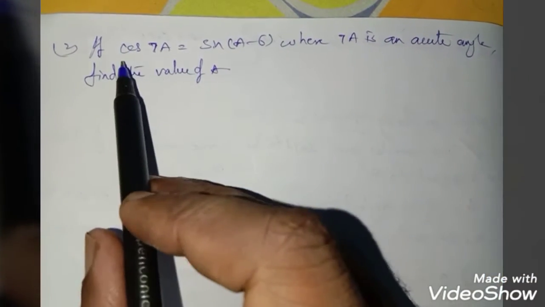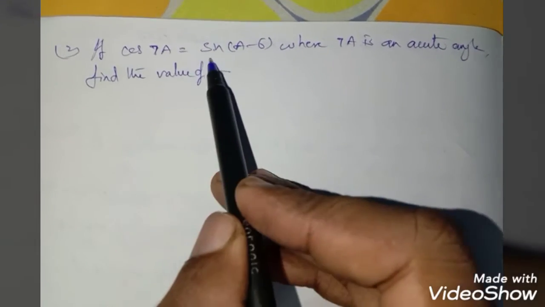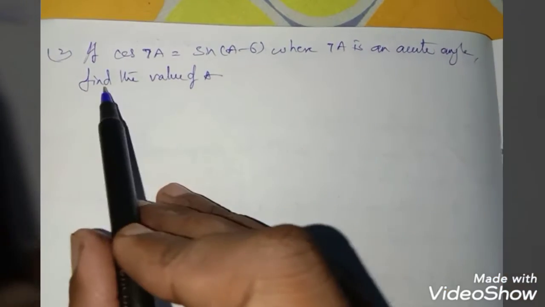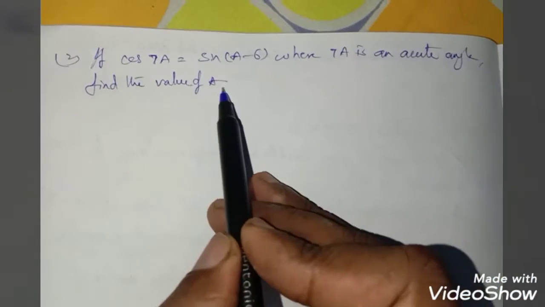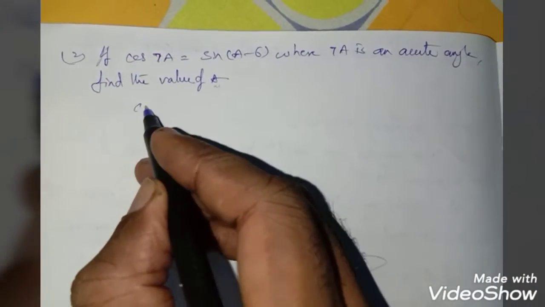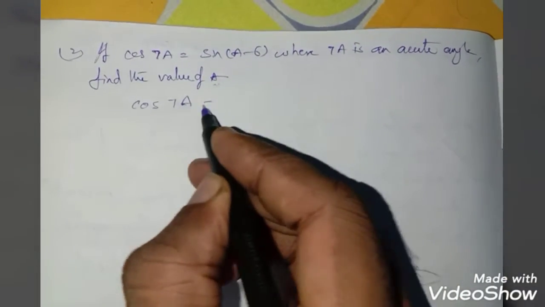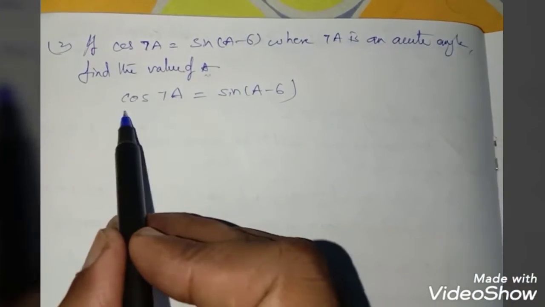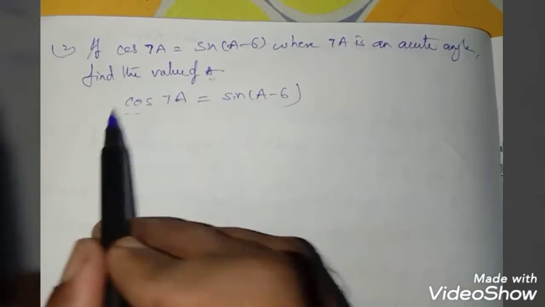Now coming to the second question: if cos 7a is equal to sin(a minus 6), where 7a is an acute angle, find the value of a. Here you need to find the value of a. Let me write the question: cos 7a is equal to sin(a minus 6). Now convert the left side in terms of sin.